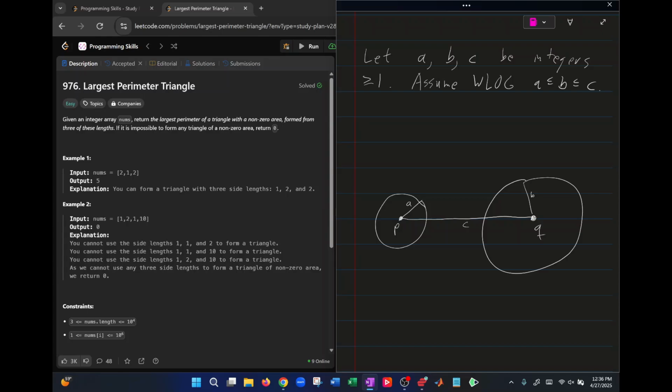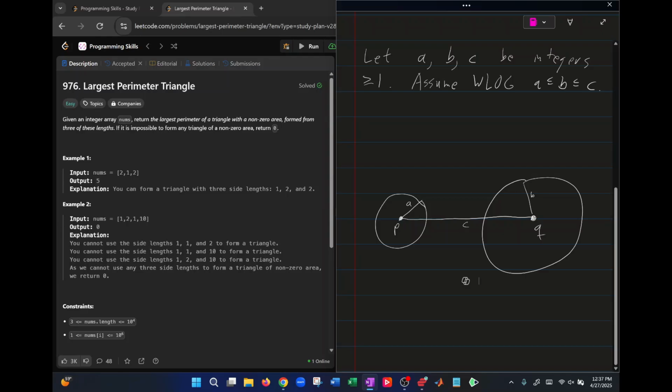Now, if A plus B is less than or equal to C, then these two circles either do not intersect at all. Well, let's just break up the two scenarios.